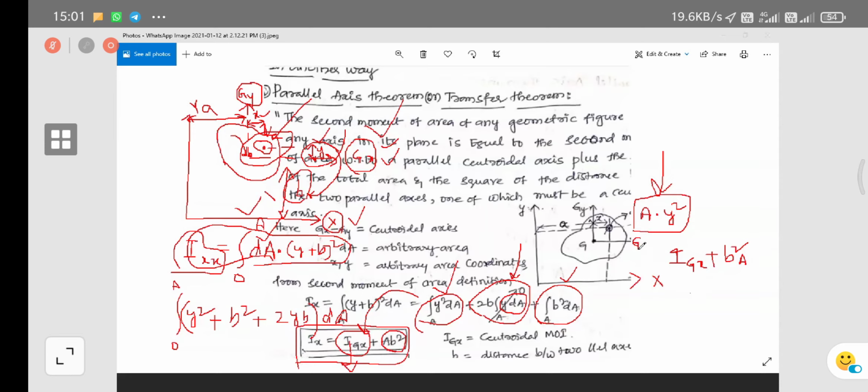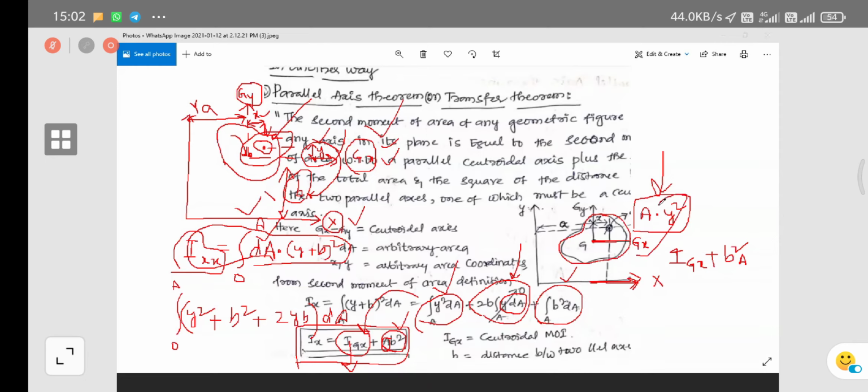So what is meant by the parallel axis theorem is that the second moment of area of any geometric plane figure, whether it is regular or irregular, is equal to the summation of the centroidal moment of inertia and the product of the area and the square of the distance between the two parallel axes.